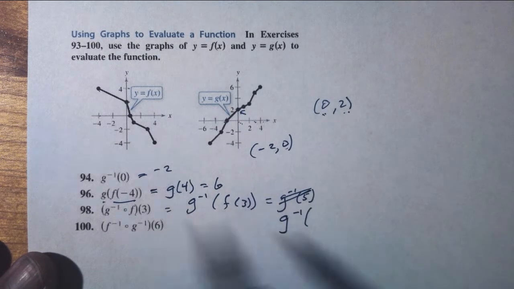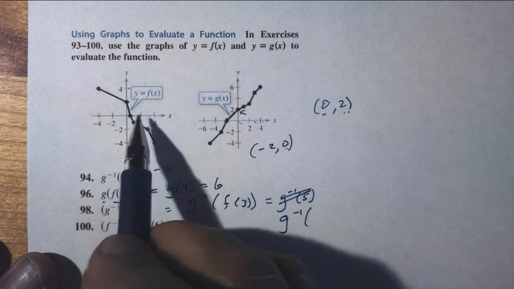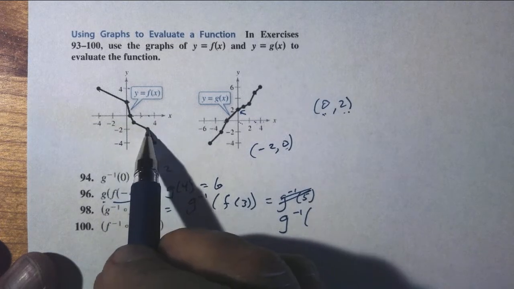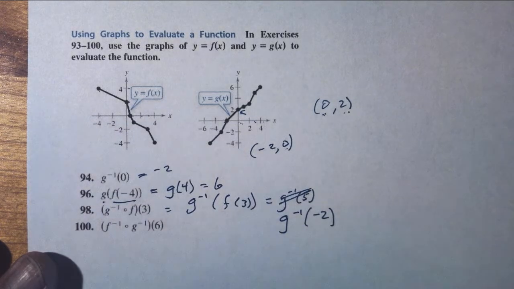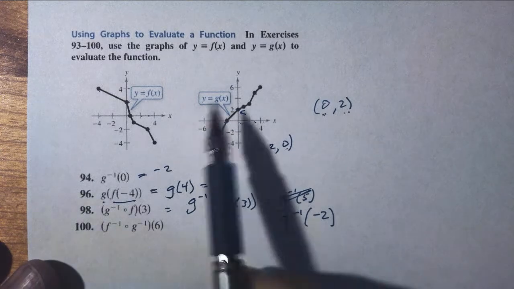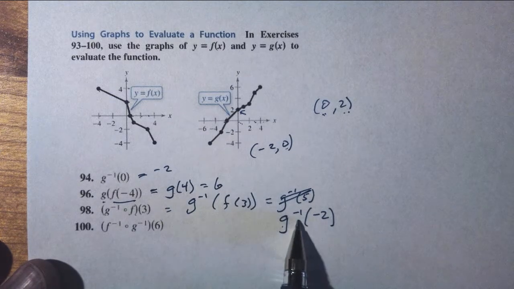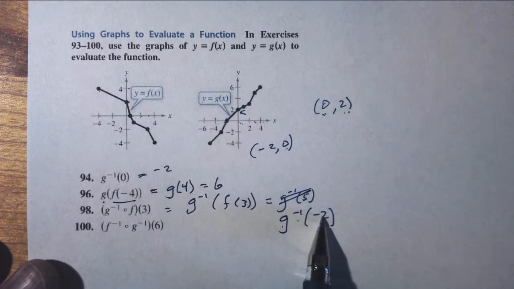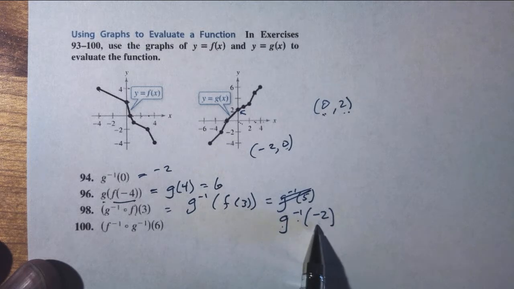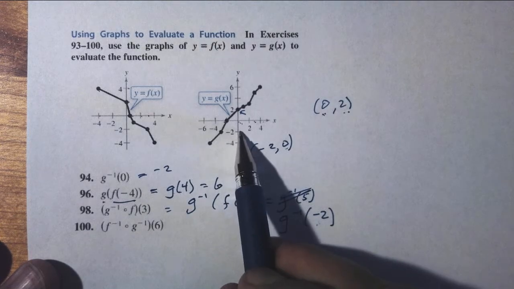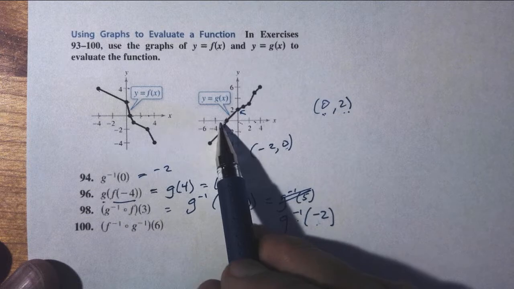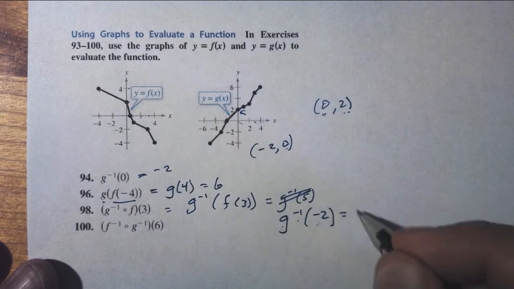I need f. F of 3, 1, 2, 3 on f. F of 3 appears to be -2. Okay, now I look at g inverse of -2. That means I look, this is a y value of g. So the y value of g associates over here to what appears to be -3.